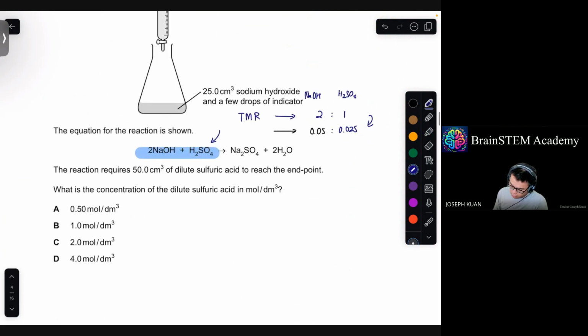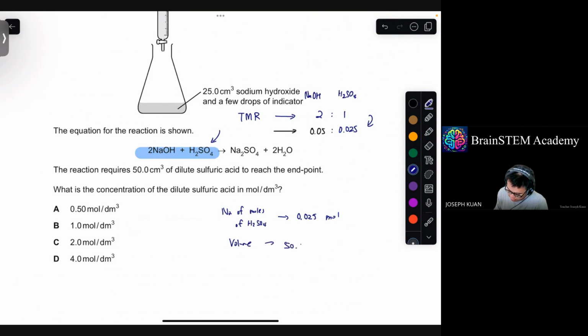Now we have the number of moles of sulfuric acid, 0.025 moles, and the volume used is 50.0 cm cubed, which is 0.05 dm cubed.